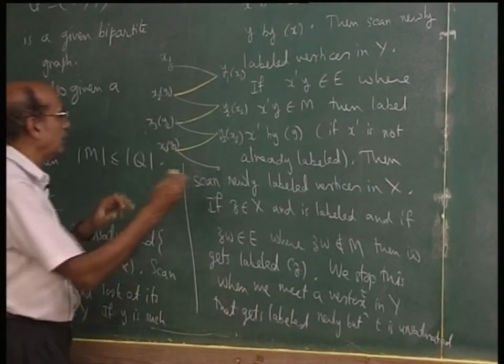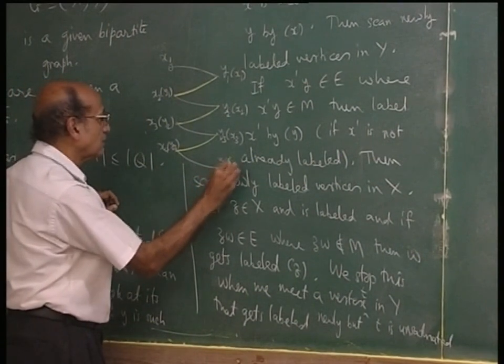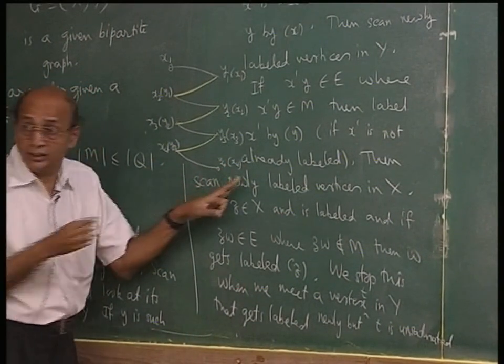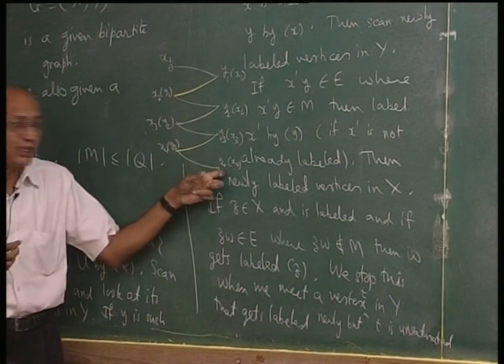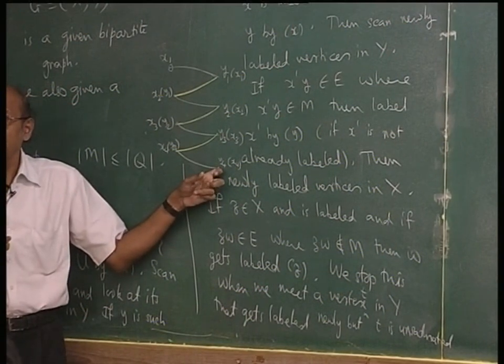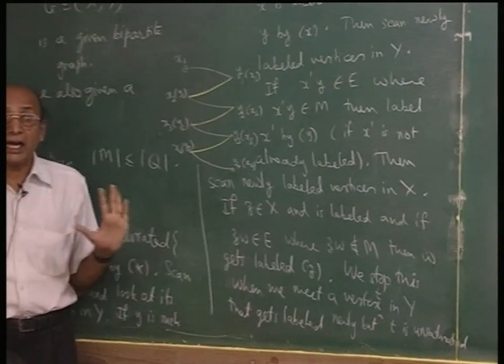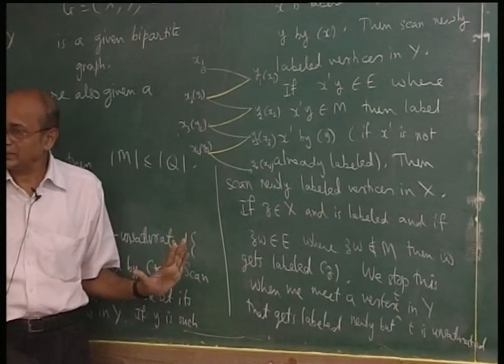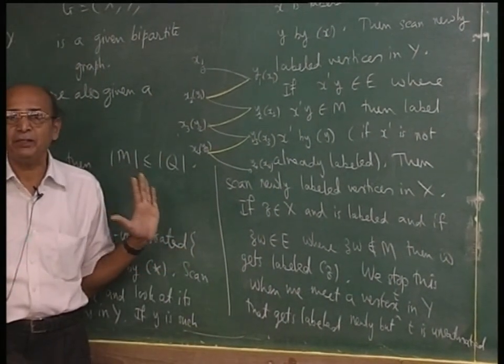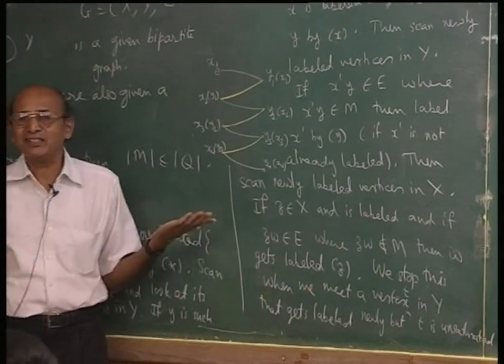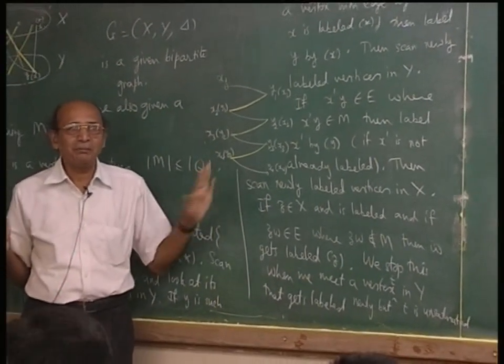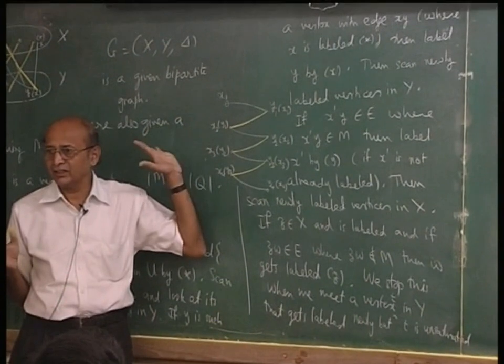Yeah, like in here. This is unsaturated. The moment I get an unsaturated vertex in Y labeled, I have found an augmenting path. I should be happy. Okay, because then I know how to improve that matching to a better matching, etc., etc.